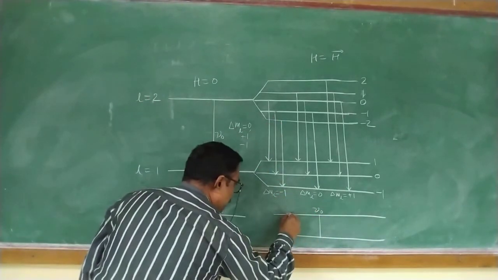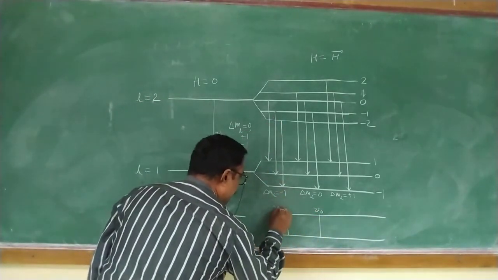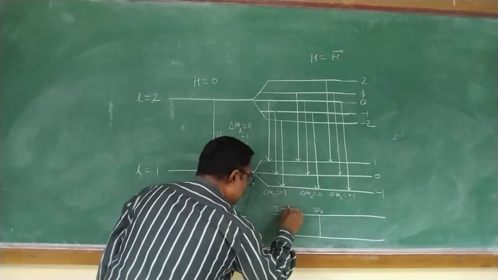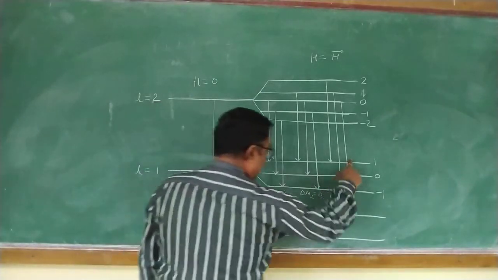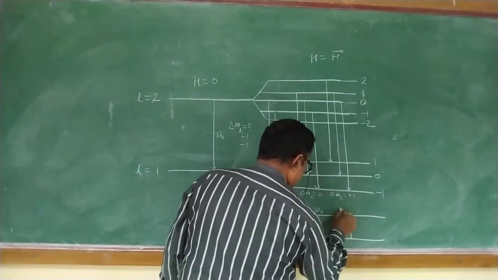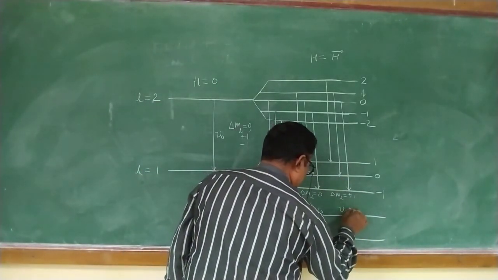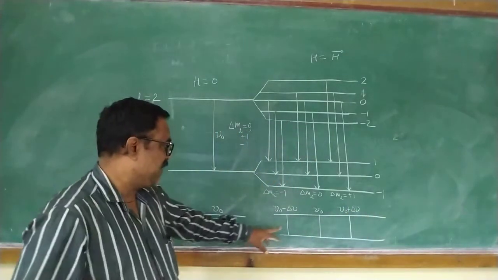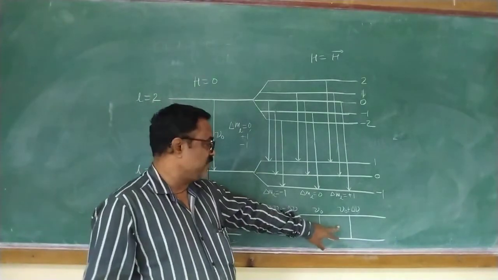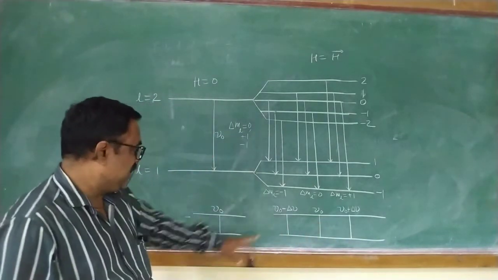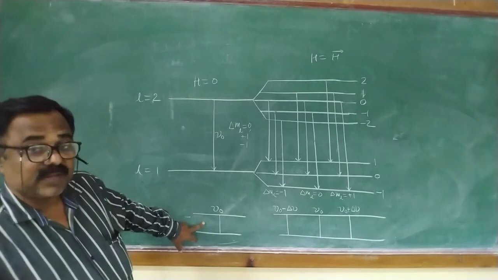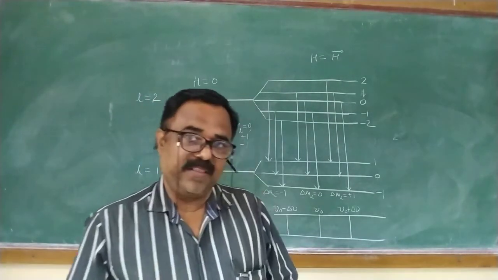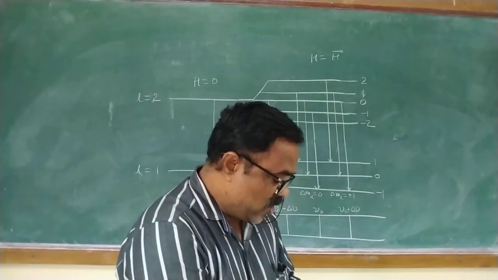Delta ml is equal to minus 1 च्या तिथे एक line with nu equal to nu 0 minus delta nu, आणि इकडे एक line with frequency nu 0 plus delta nu. So these are 3 lines that we see in the presence of magnetic field. In the absence of magnetic field there is 1 line in the spectra that we observe.